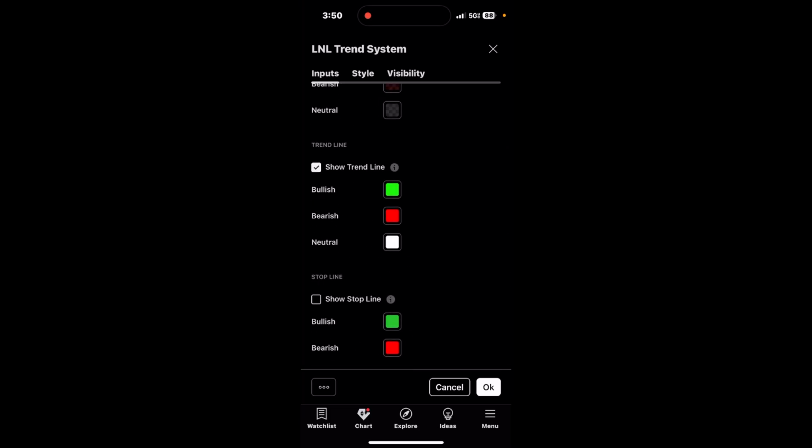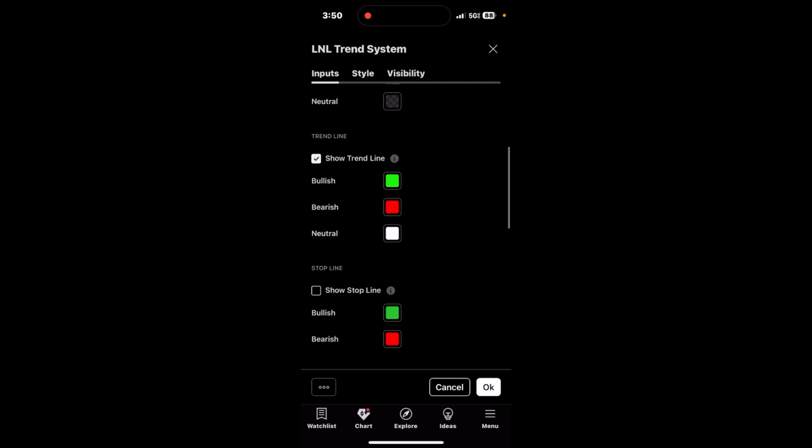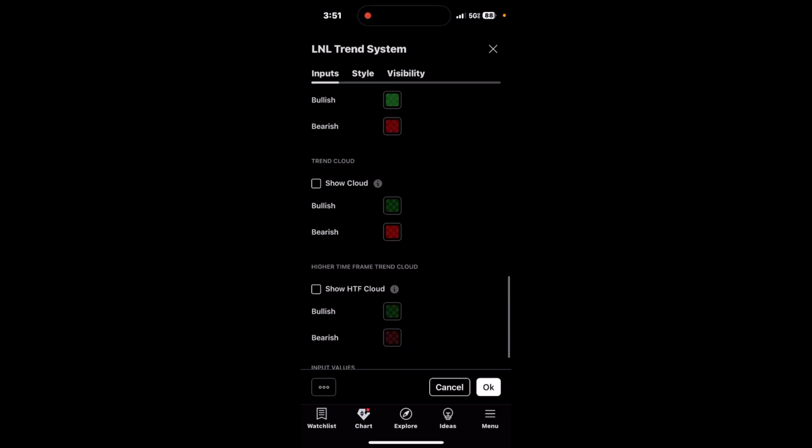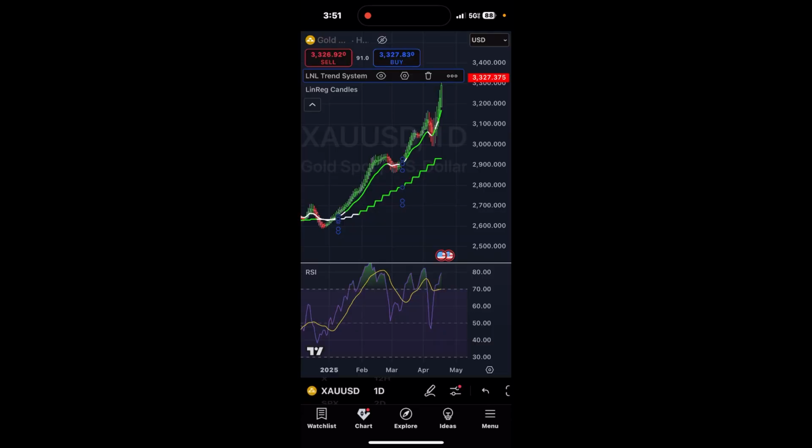For my colors, I make them bright: neutral white, bullish a bright green, and bearish a bright red. Do that for both, deselect everything else, and you'll be left with 2 lines, basically.